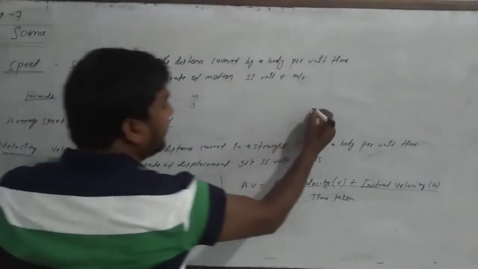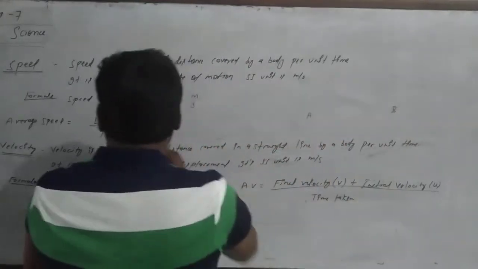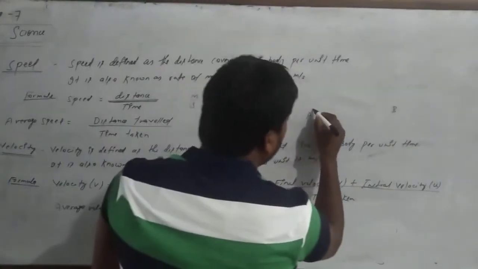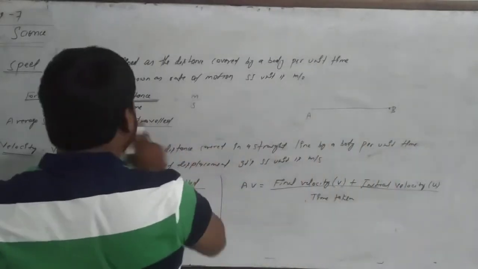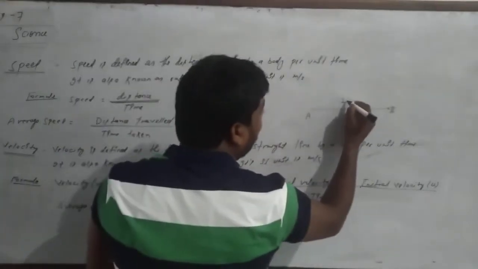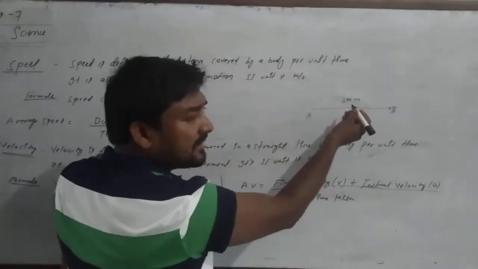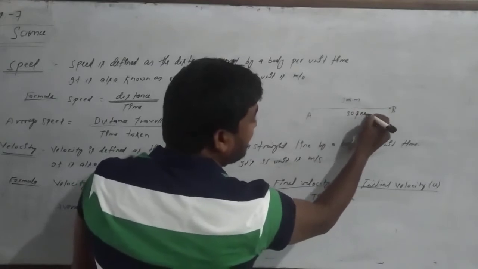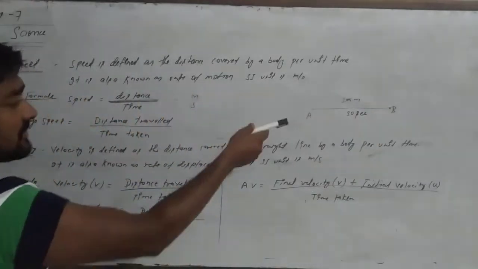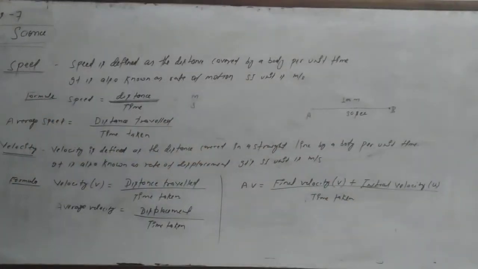Suppose from point A to point B the distance traveled is 100 meters, and the time is 30 seconds. So this is distance traveled upon time taken, and we can calculate the average speed.